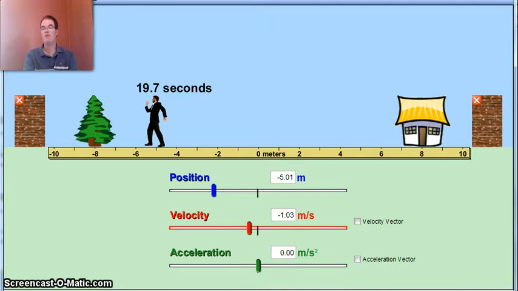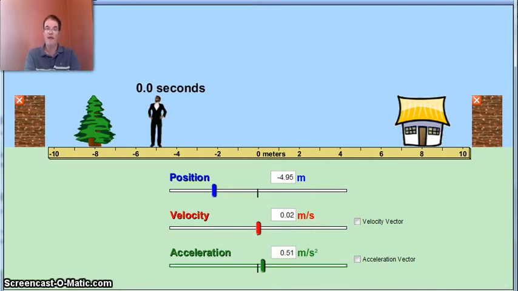I didn't reset the clock, so we're at about 20 total seconds of motion. So it was previously at about 10, it's now at about 20, so that's another 10 seconds. So he went 10 meters in about 10 seconds, or 1 meter per second. His speed was 1 meter per second, but we would say his velocity was -1 meter per second because he went in the opposite direction.